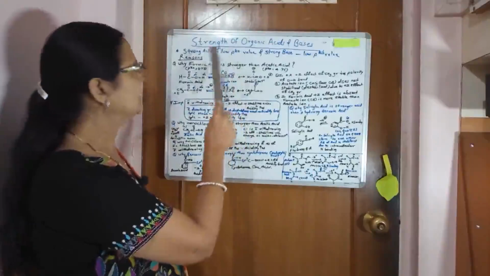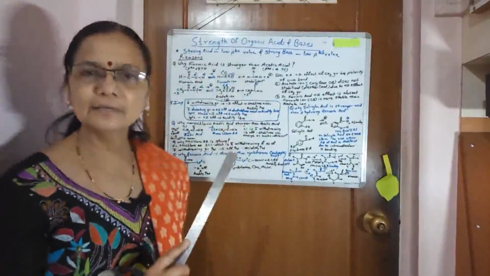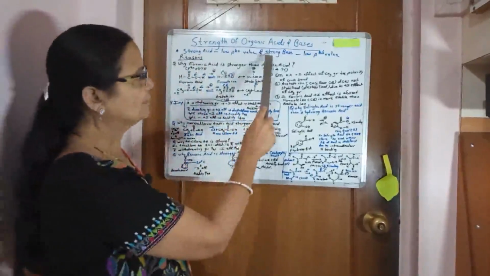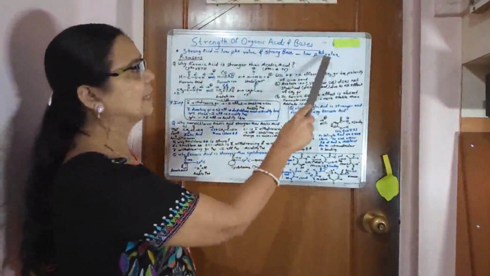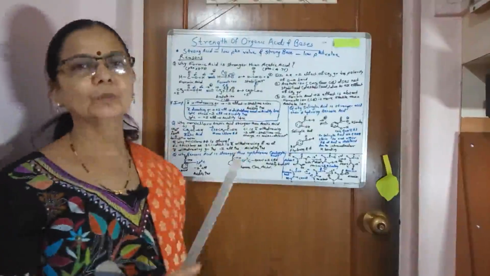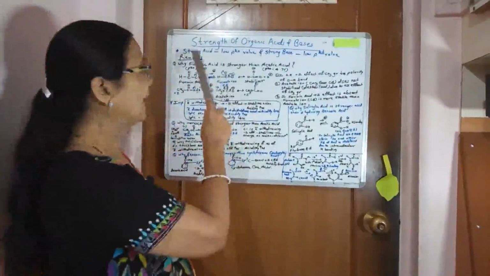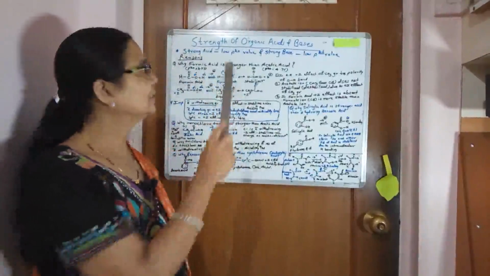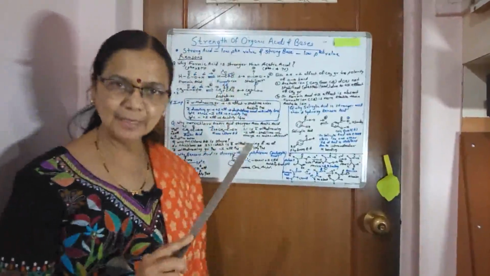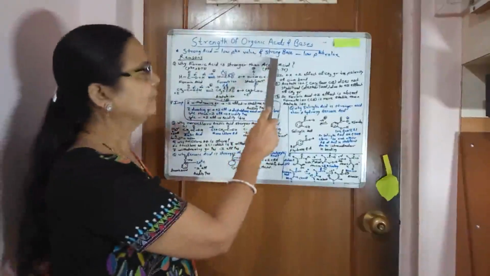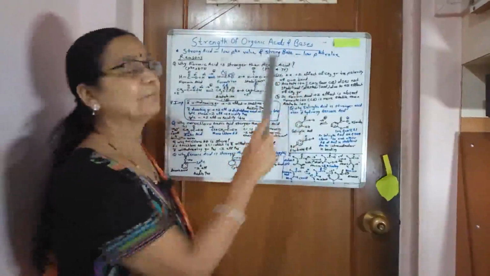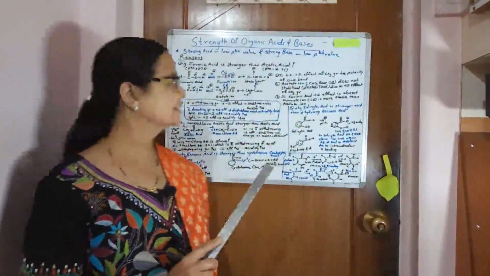The pKa value will be less if an acid is a strong acid, and if it is a strong base, its pKb value will be low. Therefore you have to remember that if the acid is strong, then its pKa value will be less, and if the base is strong, its pKb value will be less.